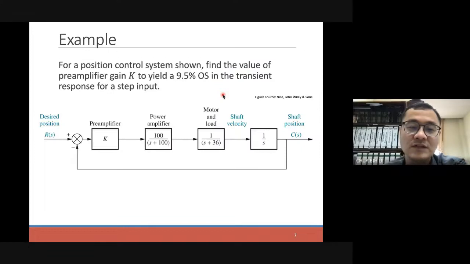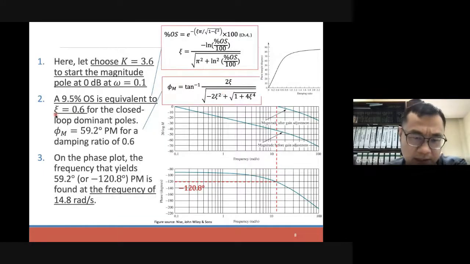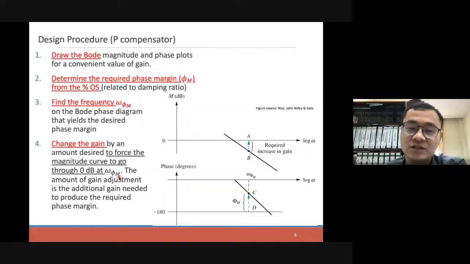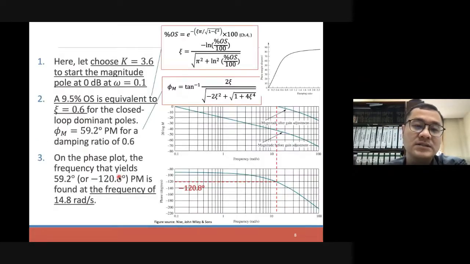With the approximation, the damping ratio is 0.6, multiplied by 100 you get 60. So the phase margin that you will use is 60, while the accurate one gives you 59.2. You can see it's quite close.